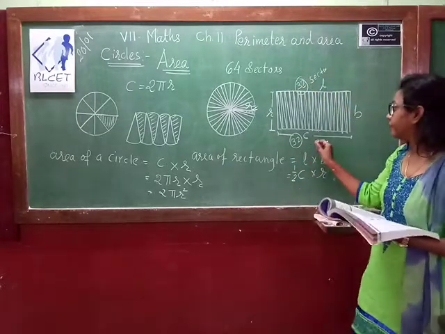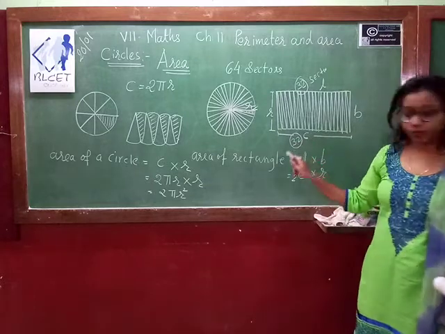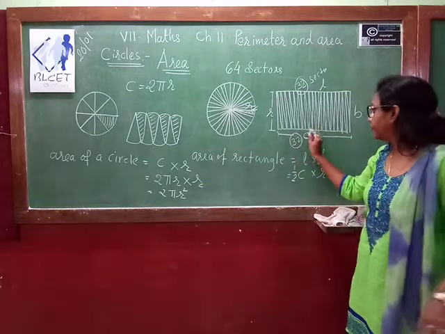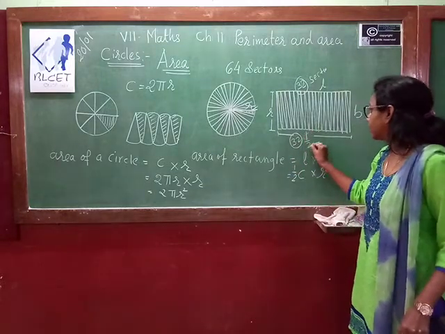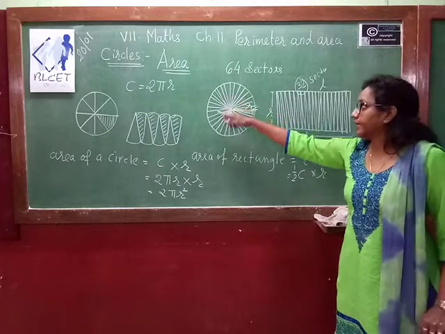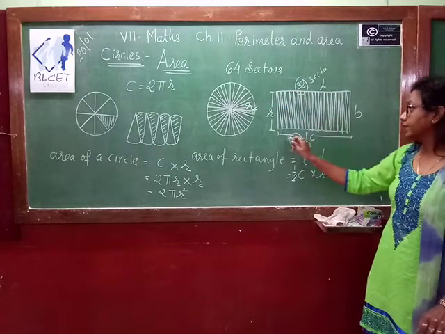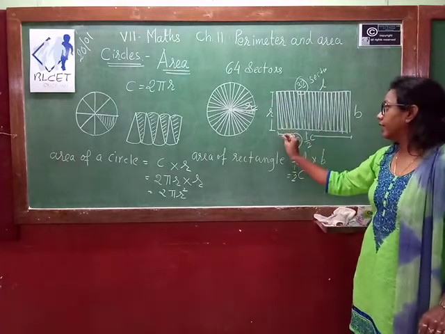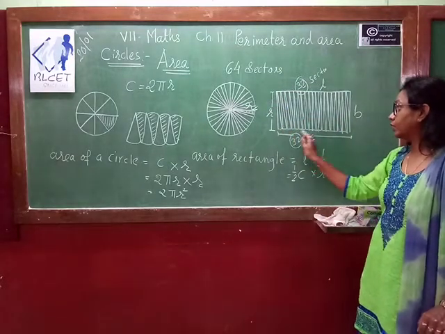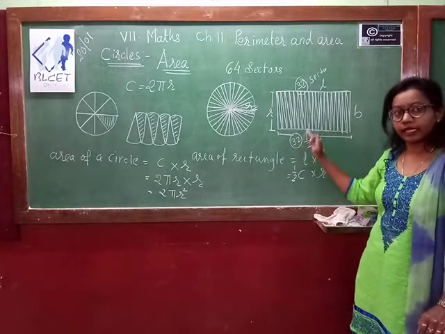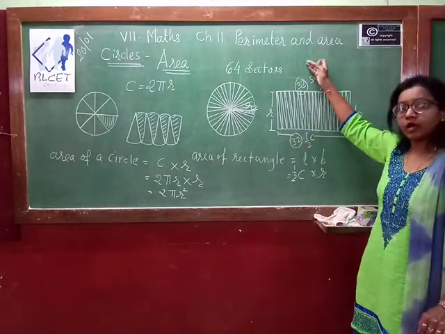Total sectors are 64. When we arrange them in such a way, total 32 sectors are on the lower side and 32 on the upper side.